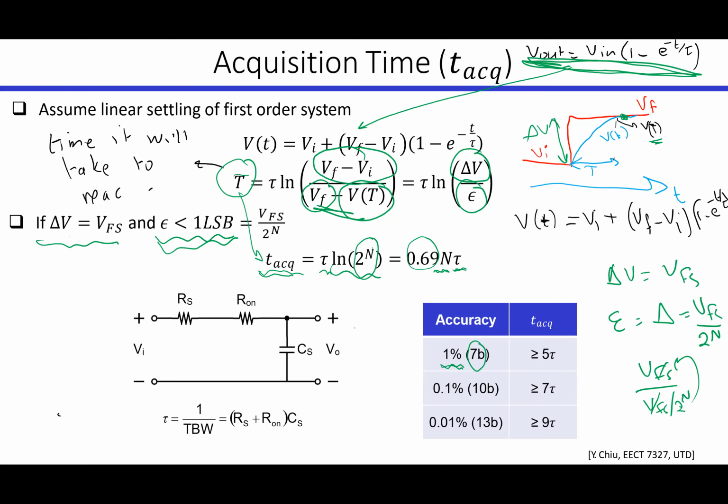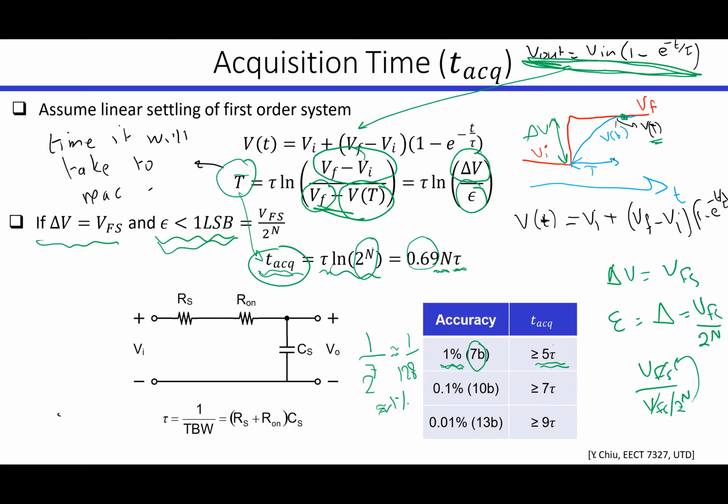How does this work? It's 1 over 2 to the power 7, which is approximately 1 over 128, which is almost equal to 1%. I mean, it is less than 1%, but just giving that.